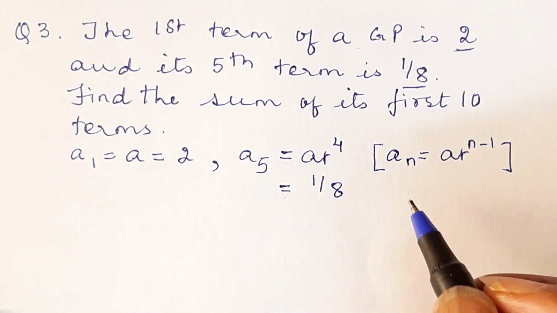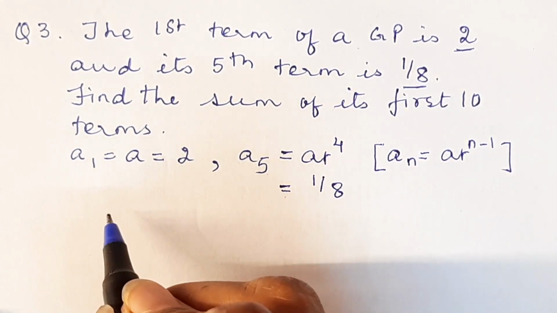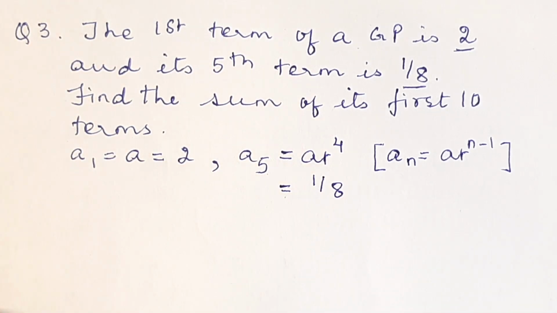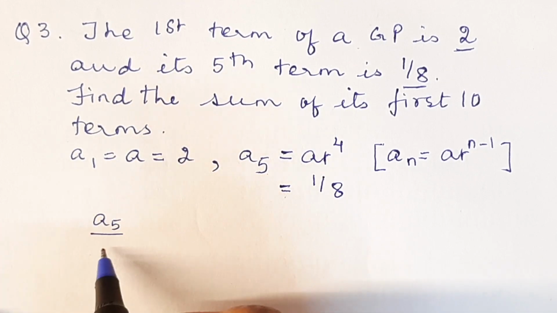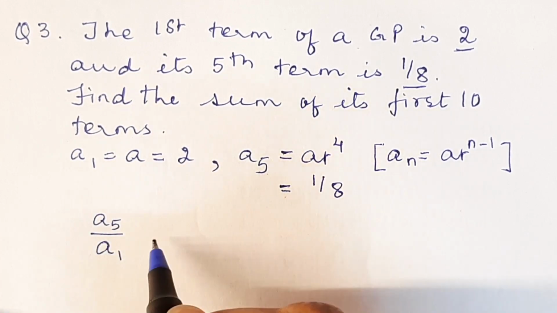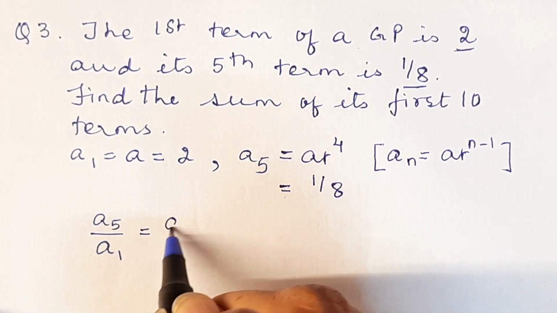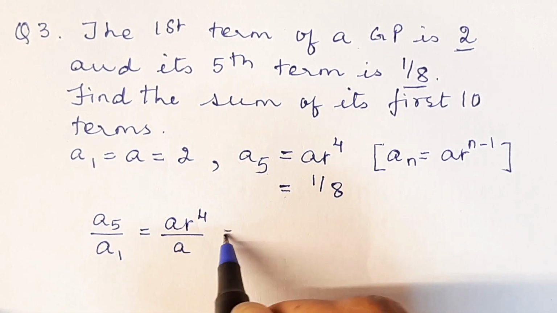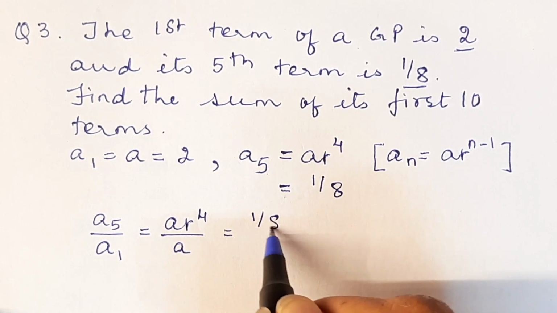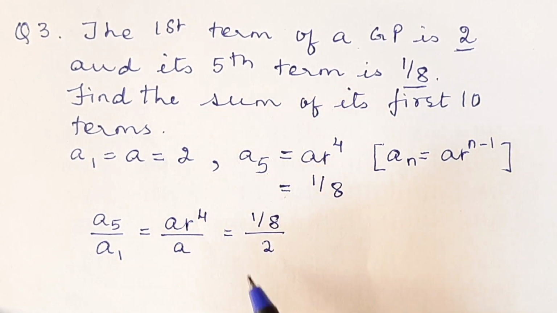And so what are we going to do? We are going to find the value of r. So we will take the ratio of a5 upon a1 so that we will have ar to the power 4 upon a, which will be equal to 1 upon 8 divided by 2.